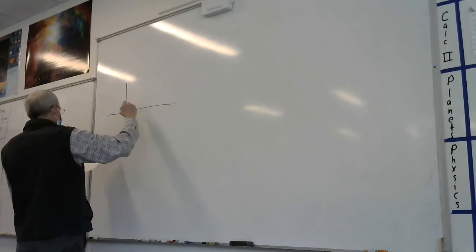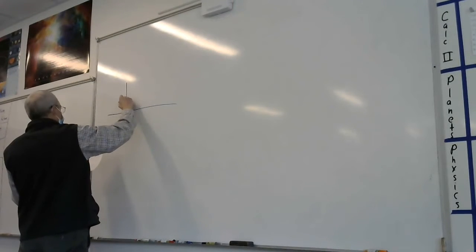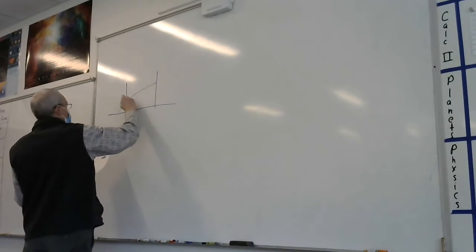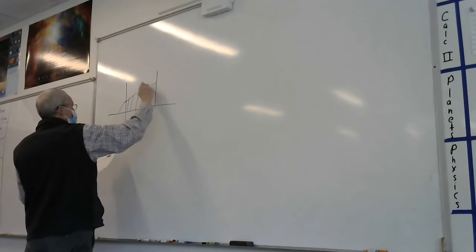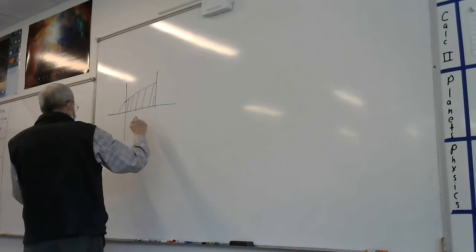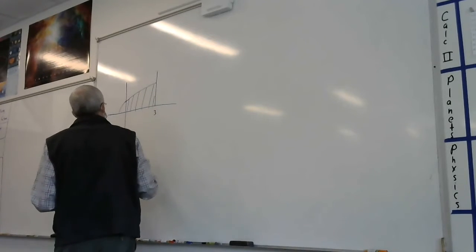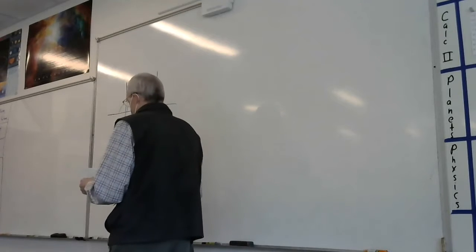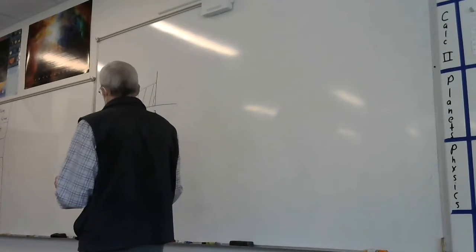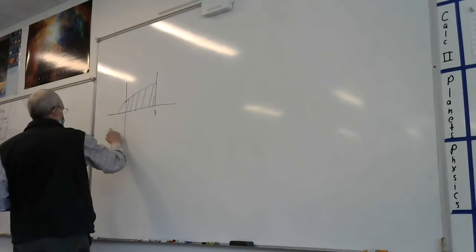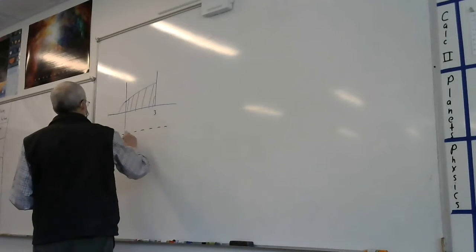Draw the graph up here. It looks like this. So we want this area, and this is 3 here. So we want to do that around y equals -2, which is down here. This is -2.